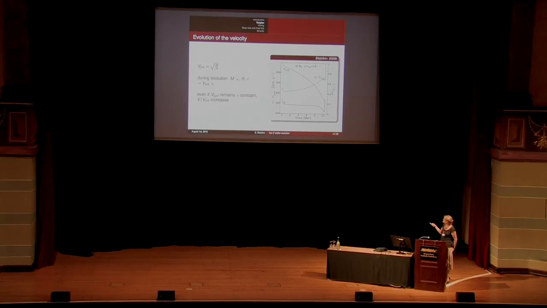Now we saw that the critical velocity is dependent on the mass over the radius. And so we expect also the critical velocity to change during the main sequence. During the evolution, with the winds, you will reduce more or less the mass, and the radius will increase. So the critical velocity is expected to decrease.